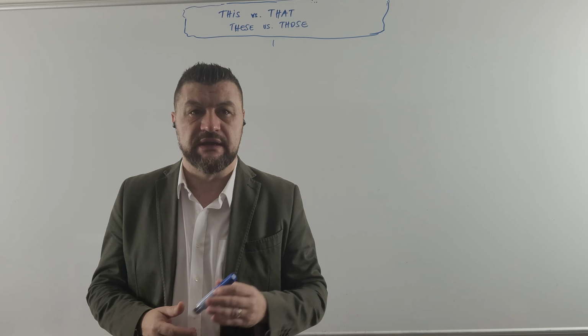The same thing we use for the plural. If I refer, for example, to these two markers, okay? They are here, I touch them. These markers are good, okay? These markers are good. Okay.